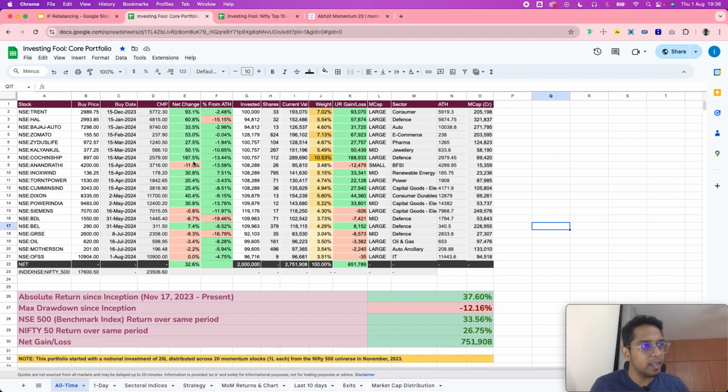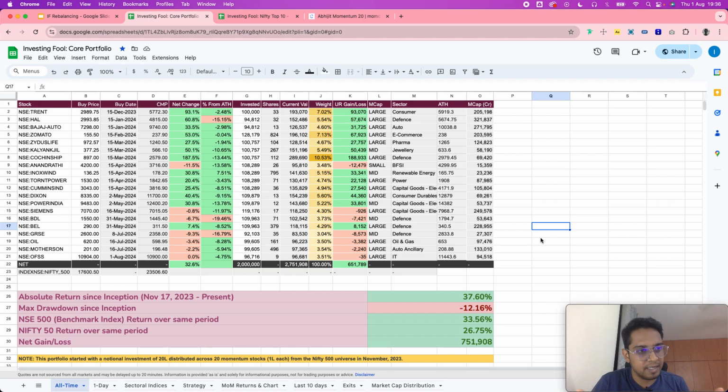now that 1 lakh notional value stock has become a 2 lakh stock. So I cannot go and invest that 2 lakhs straight away in a new stock, because that new stock might start with a weight of 10% in the portfolio, which is not correct. So what we would do instead, in those kind of situations, we can handle it in two ways.